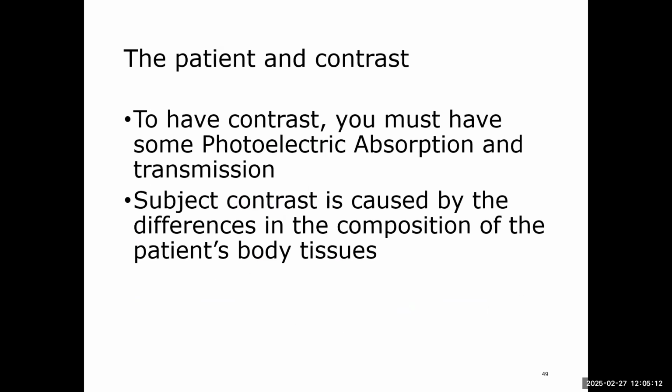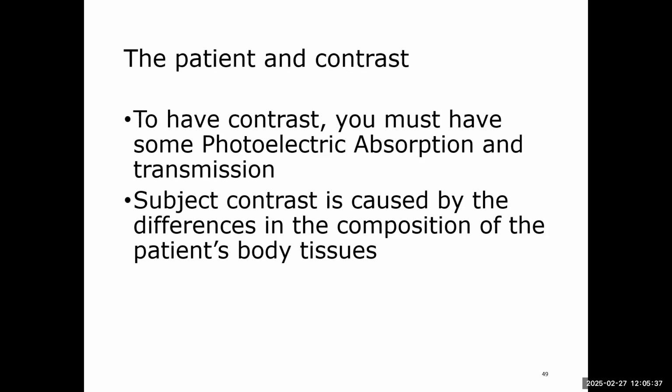So, as far as talking about the patient in contrast, to have contrast, you have to have some photoelectric absorption and transmission. So if you had either photoelectric and transmission, that would give you the highest possible contrast you could have, right? Either the photons are being absorbed or they're not. That would give you the highest contrast.